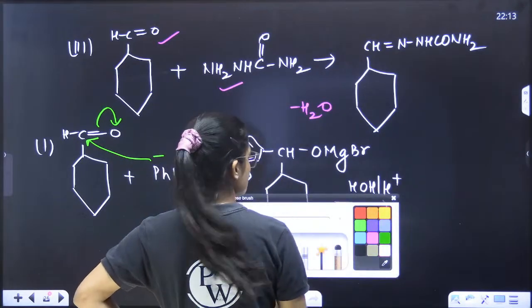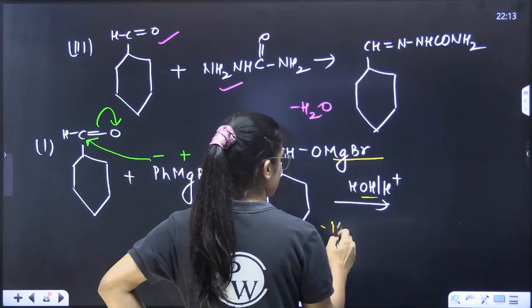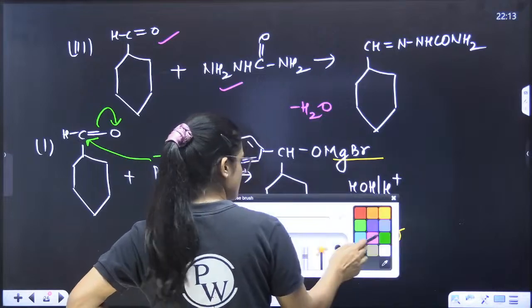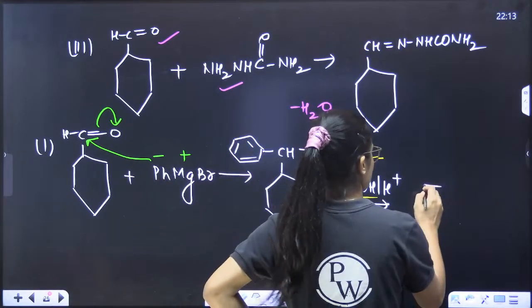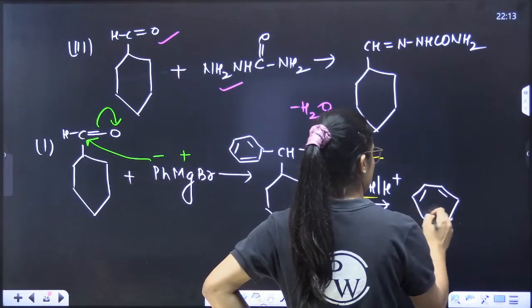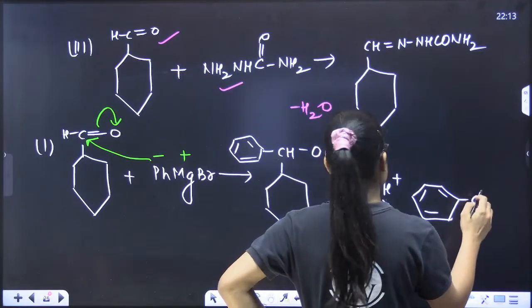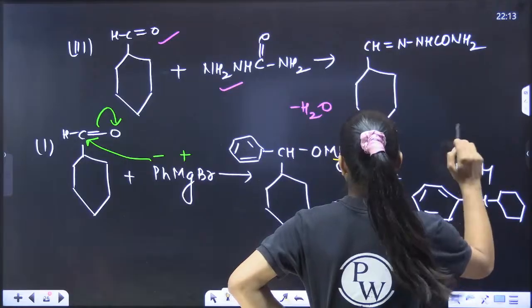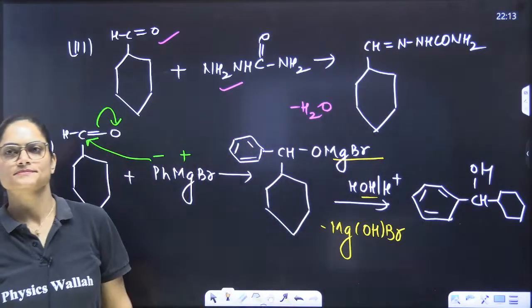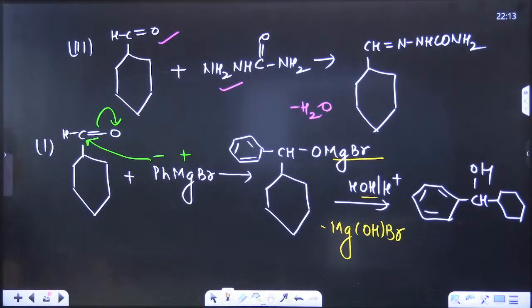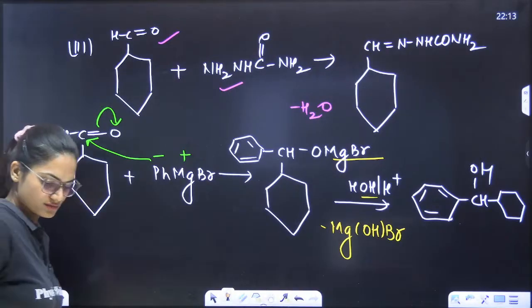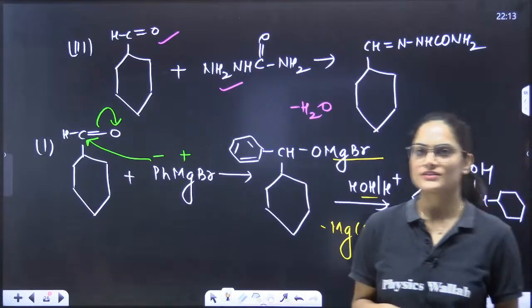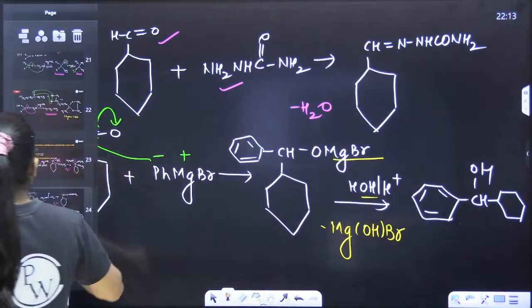So MgOHBr will remove, and hydrogen will attach here. Is this clear, guys? Is this clear till now? Everybody? Okay, so we are done with this part as well.